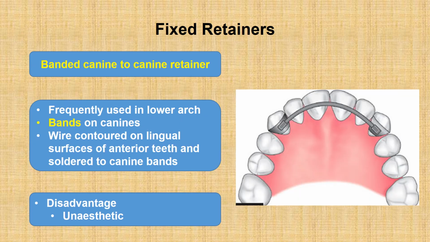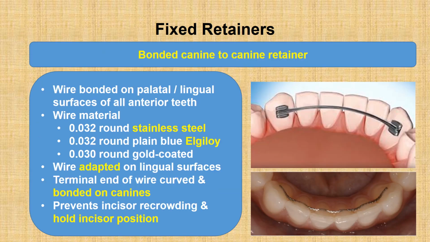The earlier one is banded, now this is bonded. Now a wire is bonded on the palatal and lingual surfaces of all the anterior teeth. The wire material used can be a 0.032 round stainless steel wire or 0.032 round plain blue alloy, which is an alloy of nickel chromium, and 0.030 round gold plated wire.